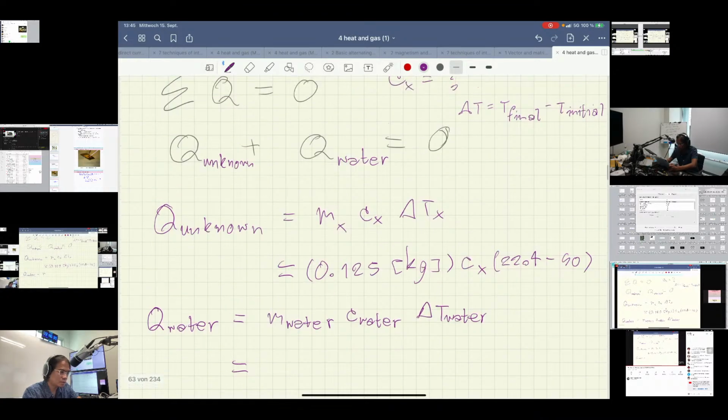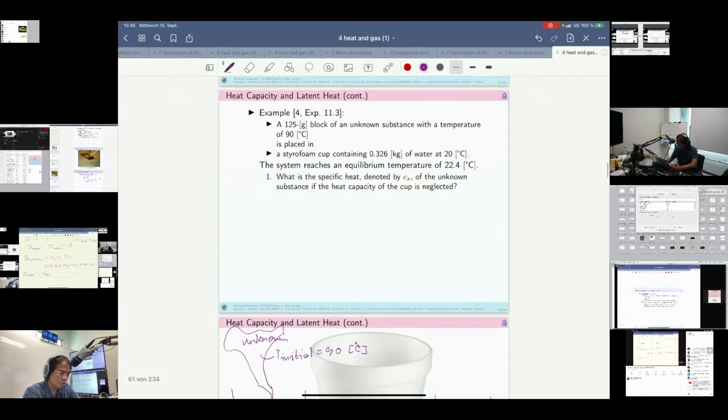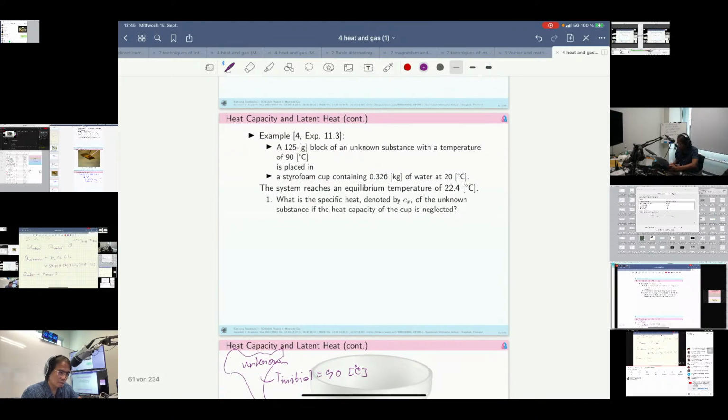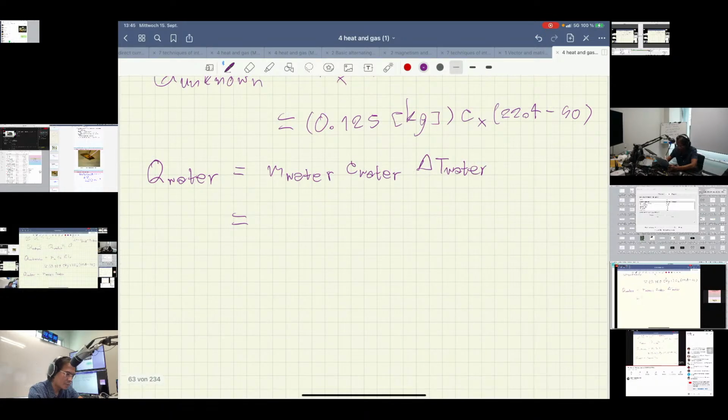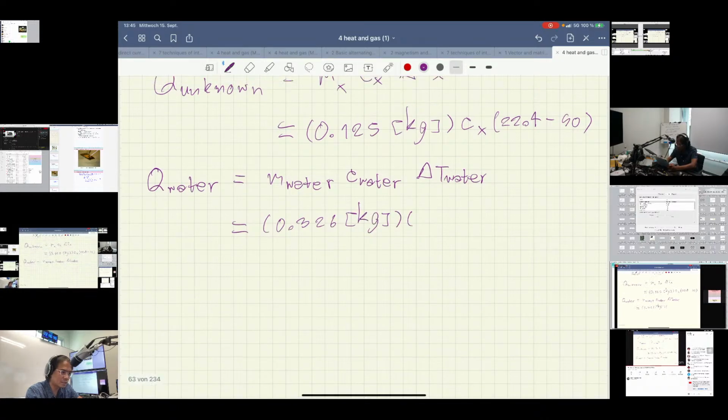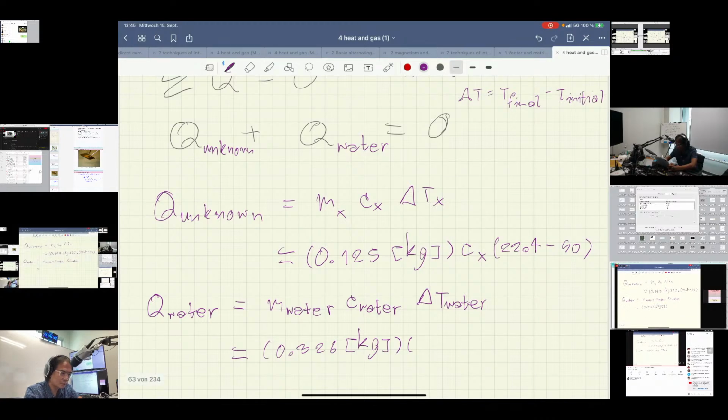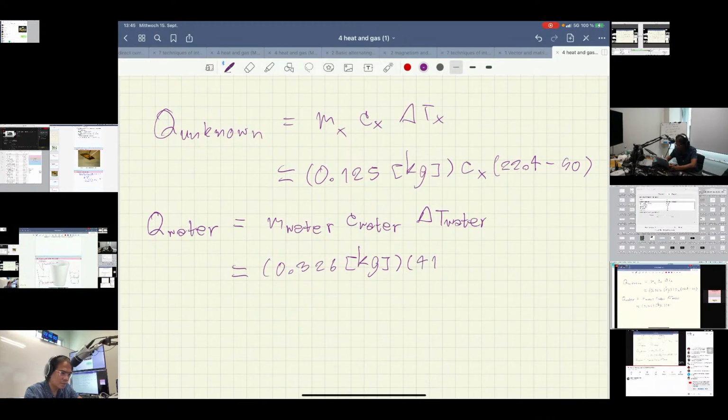Mass of water is 0.326 kilogram, right? And the specific heat of the water is 4190.